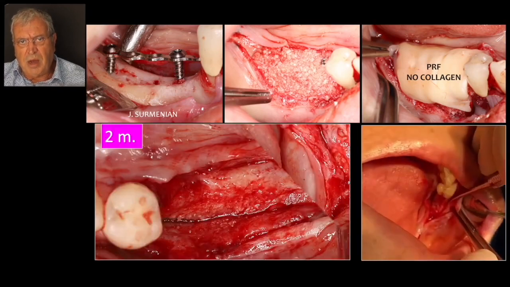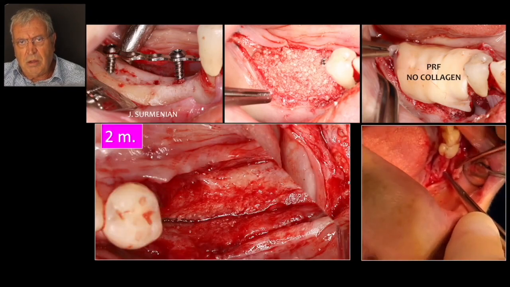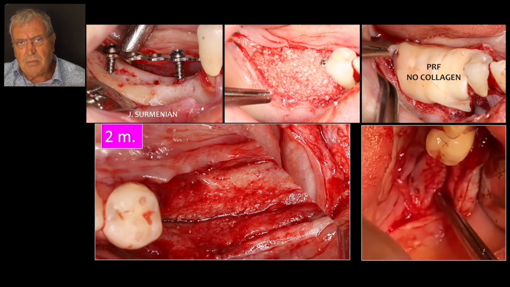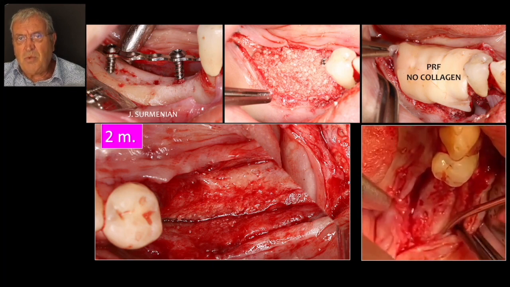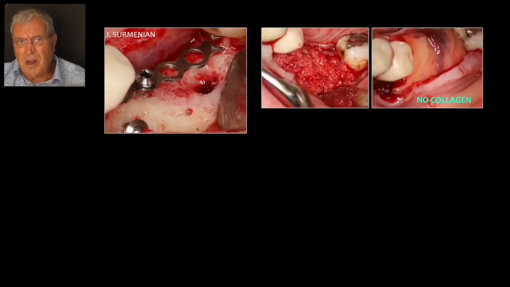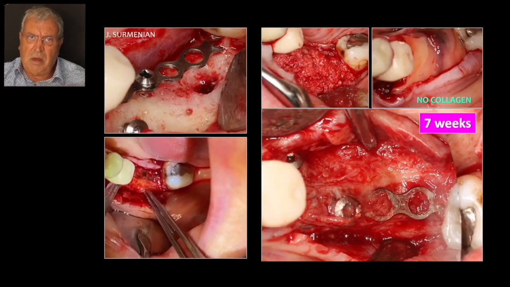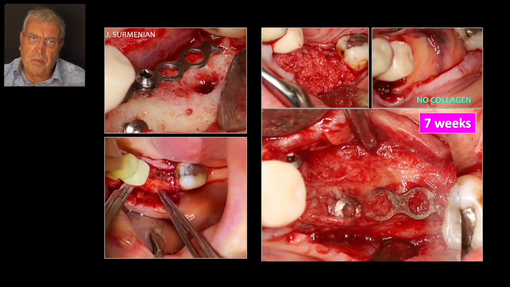Look at the reopening after removing the mesh. Seven weeks means 1 month and a half after vertical augmentation in the mandible posterior.